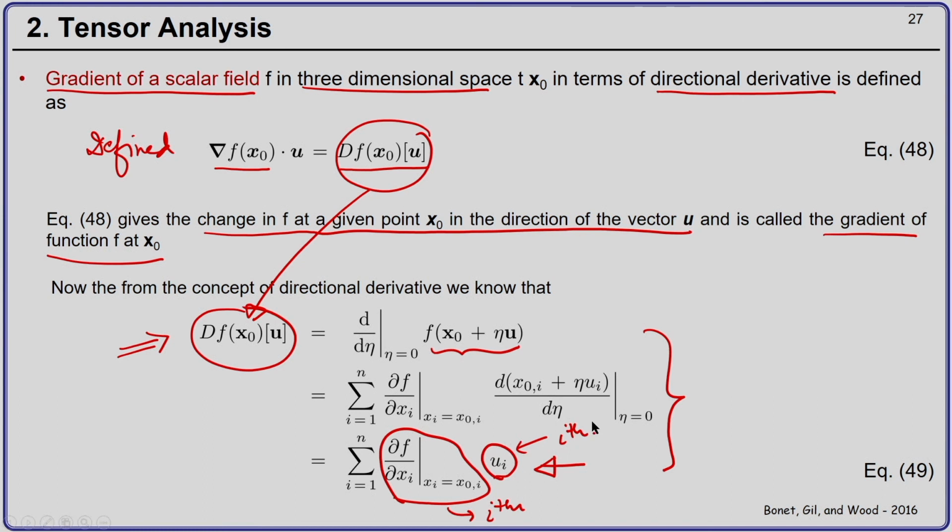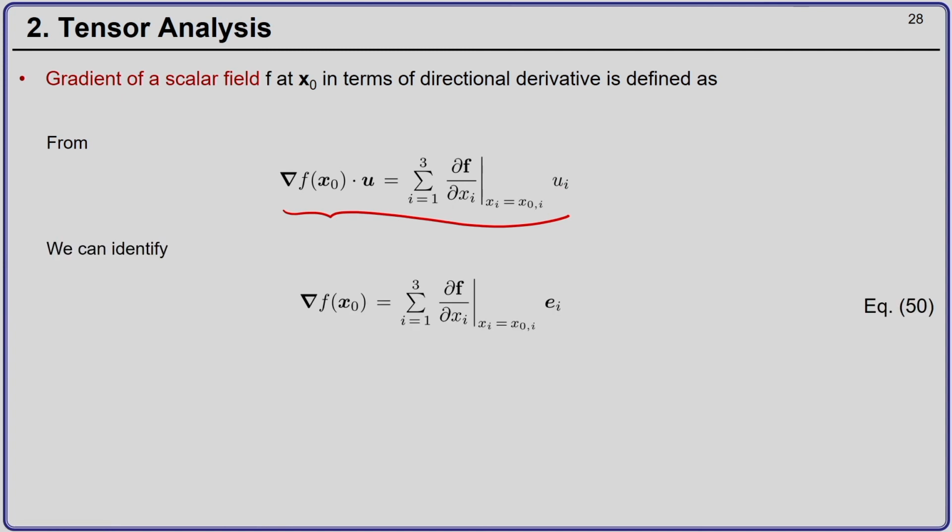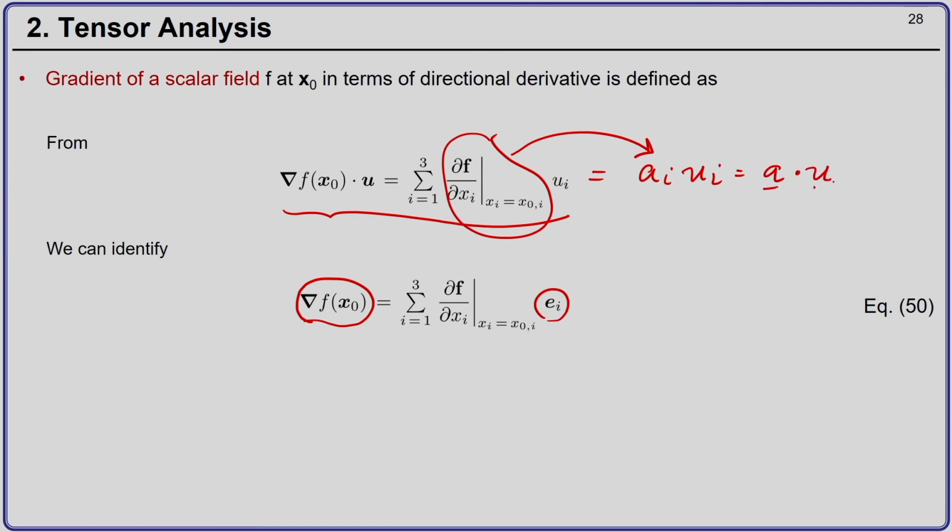You can see the gradient of f at x 0 in the direction u is nothing but del f by del x I into u I. From this you can find out that del f at x 0 is nothing but del f by del x I e I, because this term is, say, A I, a vector, and A I into u I is nothing but vector A dotted with vector u.